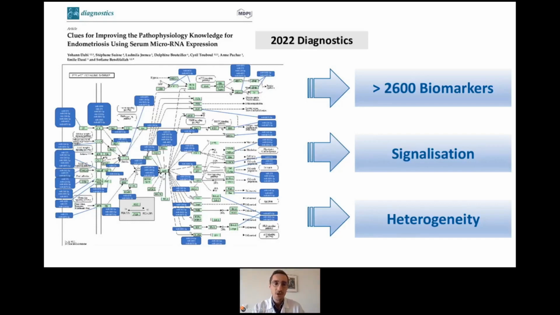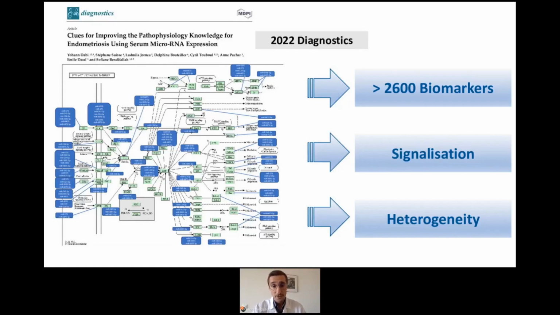This slide shows the complexity of the microRNA expression. On the left-hand side, you can see that there's a diagram of a single pathophysiological pathway, and you can see all the microRNA that are involved in this pathway with different functions such as apoptosis and insulin regulation functions.